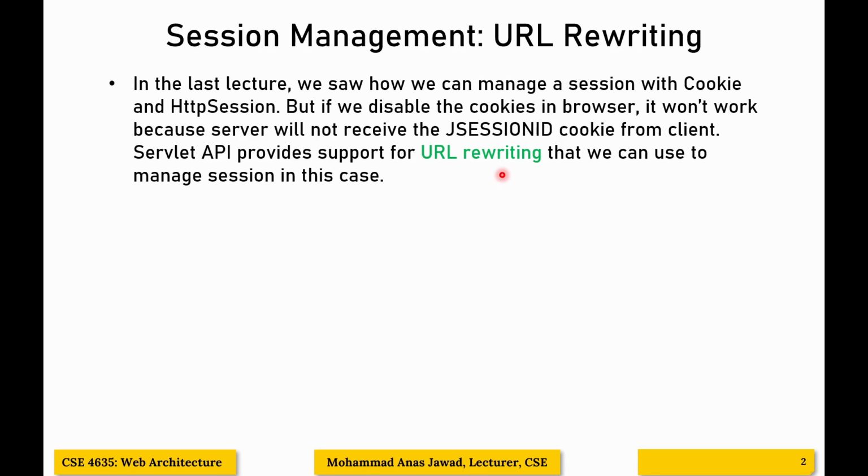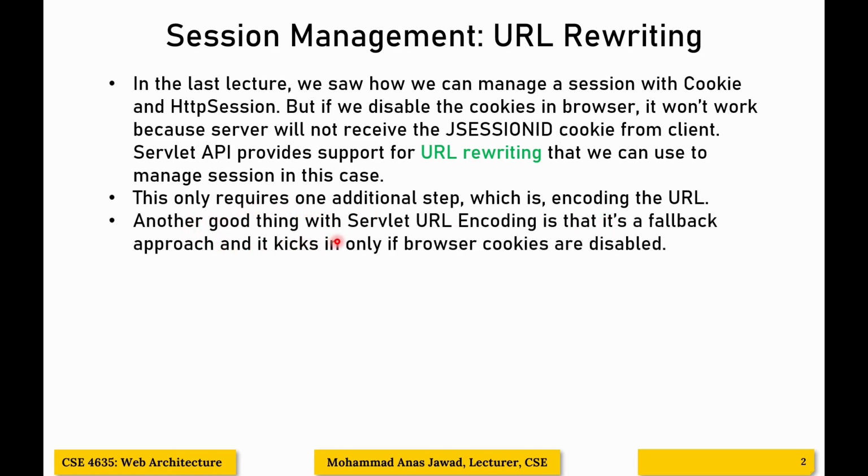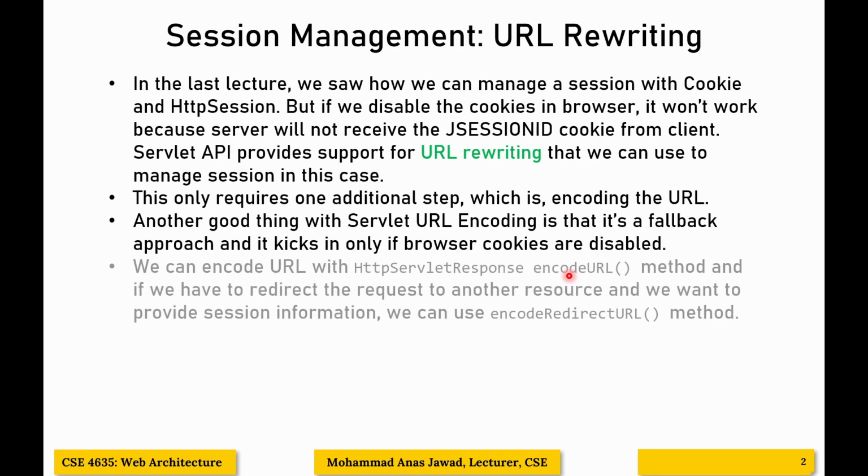All right. To do this, it only requires one additional step, which is basically encoding the URL with the session ID, right? The good thing about servlet URL encoding like this is that it is a fallback approach that only kicks in if the client-side browser cookies are disabled, all right?